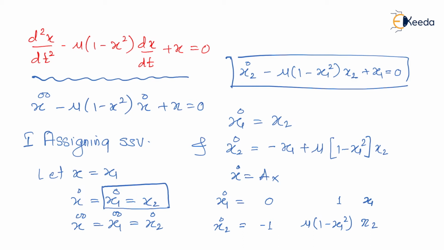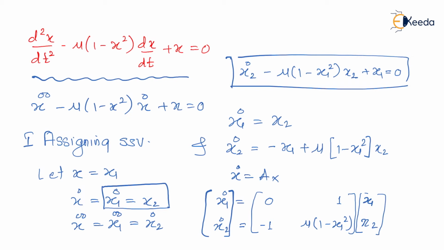I repeat once again: x1 dot is 0 times x1, 1 times x2, and x2 dot is minus 1 times x1 plus mu, with 1 minus x1 square, times x2. Now if I go for matrix format, the matrix will be as follows. So the matrix is over now.